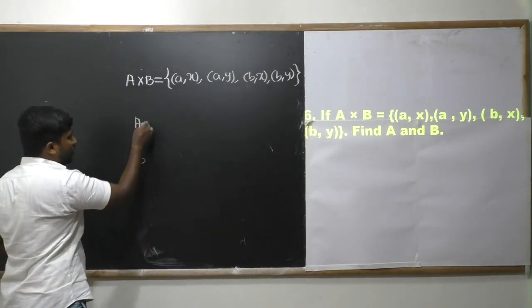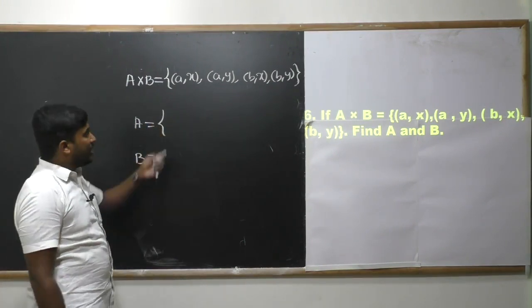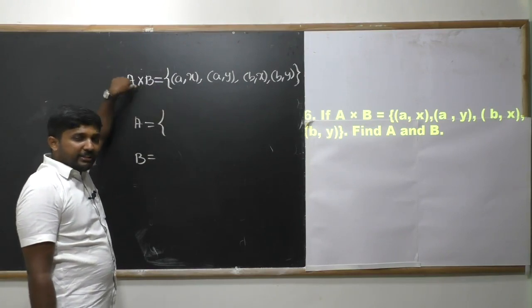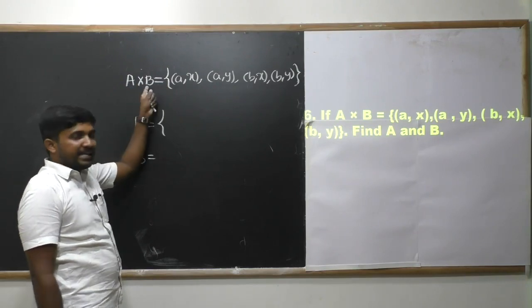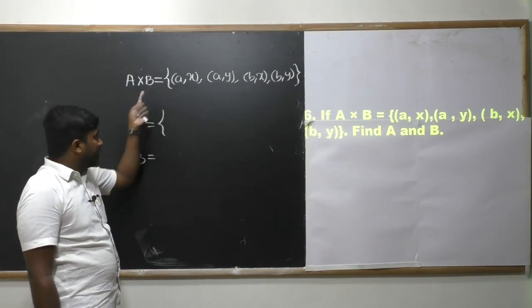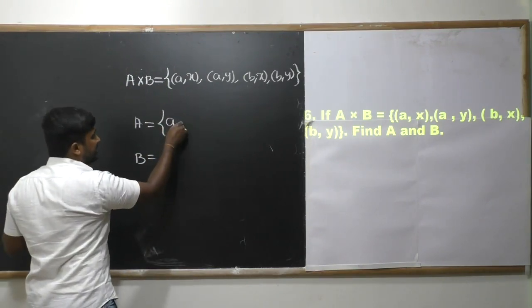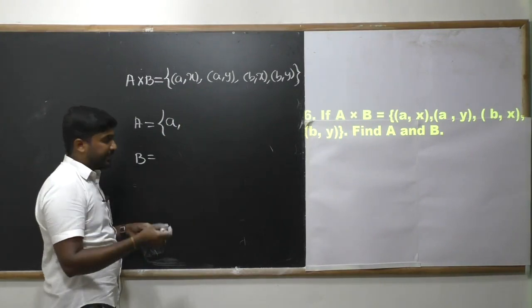What is the definition of A cross B? A cross B is the set of ordered pairs of elements from sets A and B. The first element of the ordered pair belongs to set A. The second element of the ordered pair belongs to set B. Now A is equal to the set of all first elements. What are the first elements? a. The second element is also a, but we avoid repetition of the elements.